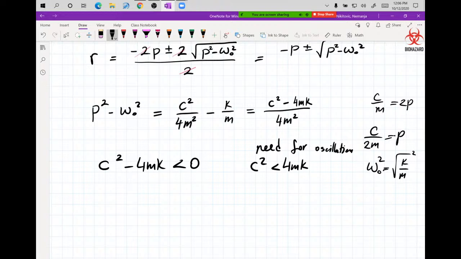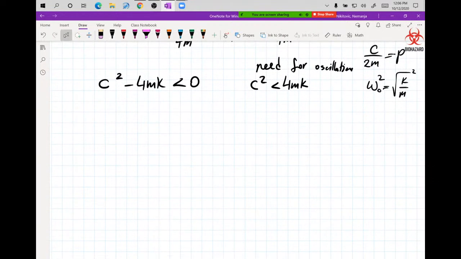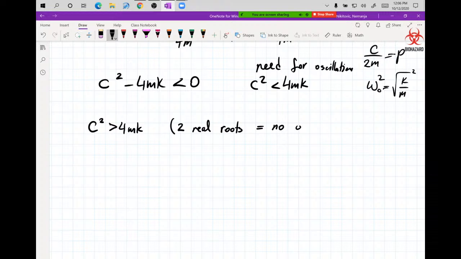Now, I am still going to mention the other 2 cases that are not interesting. C squared bigger than 4mk, that's the 2 real roots, equals no oscillation. C squared equal 4mk, that's the 1 repeated real root. I hope you guys remember this.